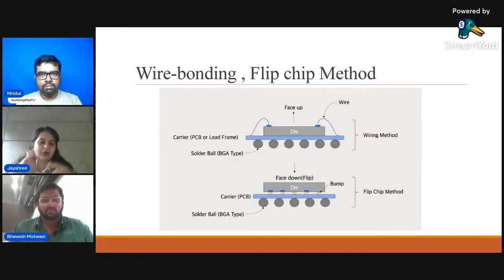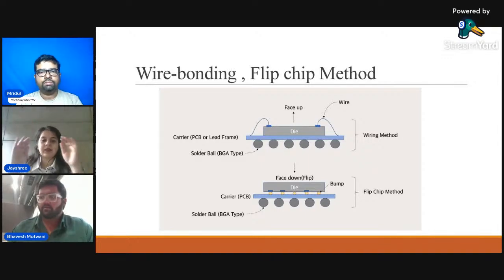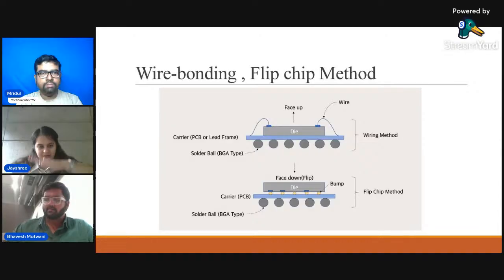We make the electrical and thermal connections. In wire bonding, a wire is connected from the die to the substrate. In flip chip, the die is flipped and pasted onto the substrate.